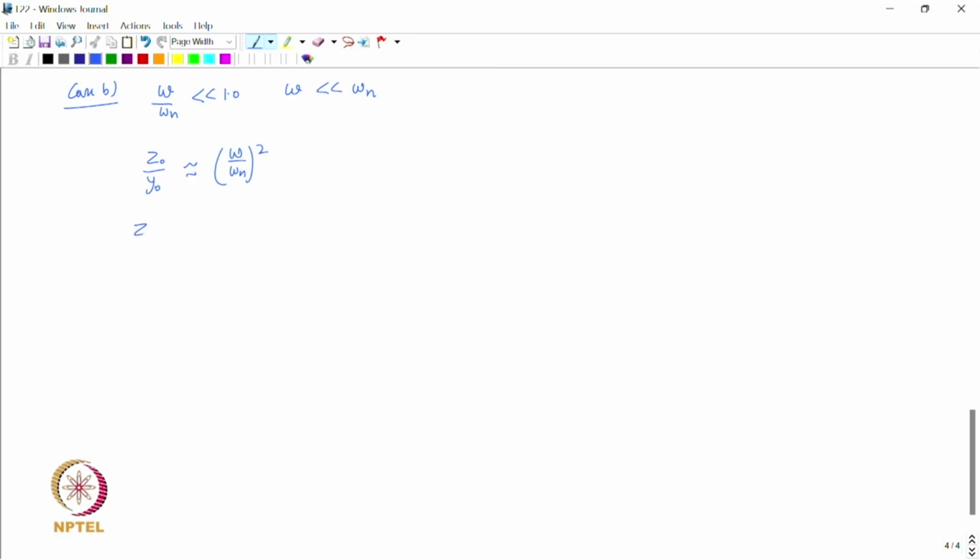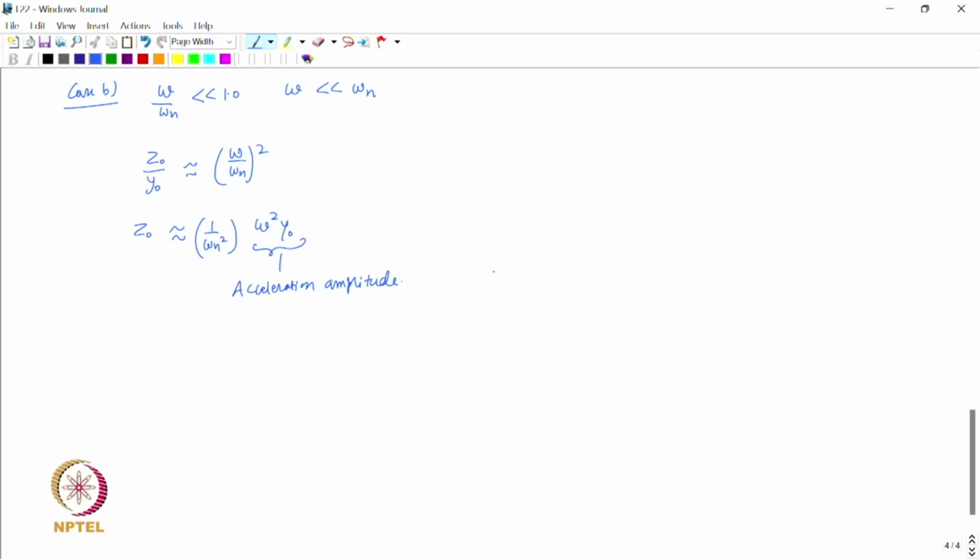This can also be written as 1 upon omega n square multiplied by omega square y naught. Now, what is omega square y naught? It is nothing but the acceleration amplitude to be measured. Therefore, the relative displacement z naught is an estimate of the acceleration amplitude scaled by a factor 1 upon omega n square.